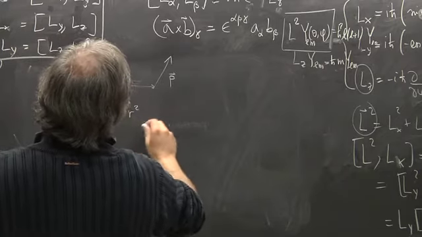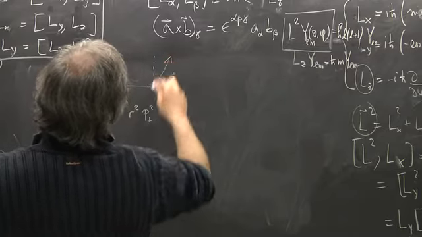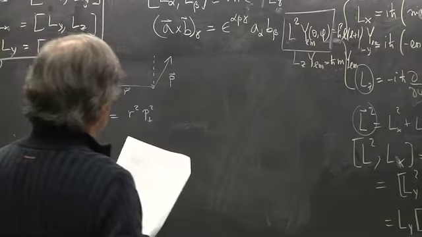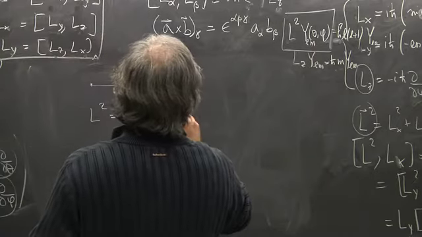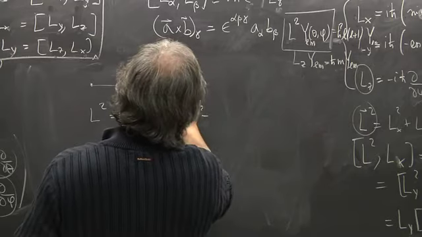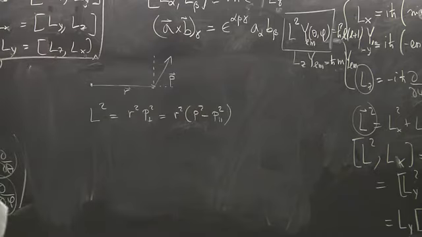It's r squared times the perpendicular component of the momentum squared. Remember, classical physics, it's just the product of the two. But now this you can write as p squared minus the parallel momentum squared. This is all classical physics with vectors.